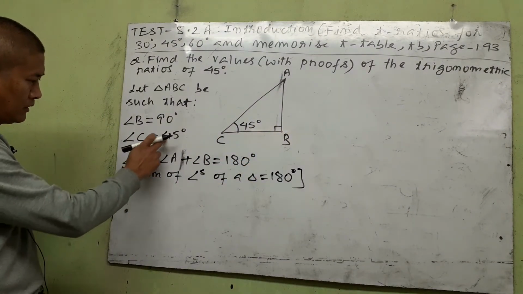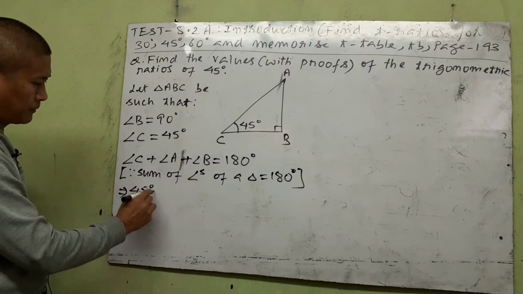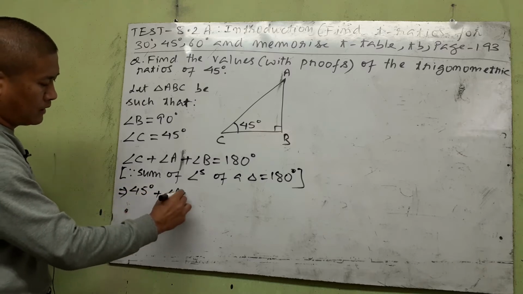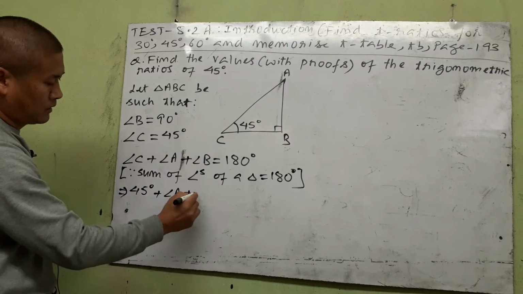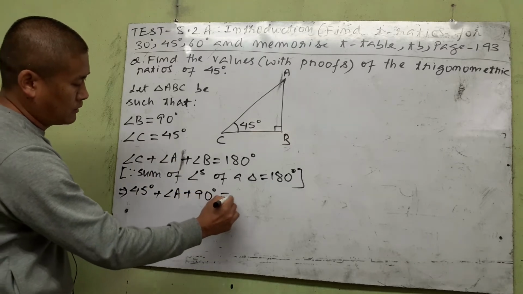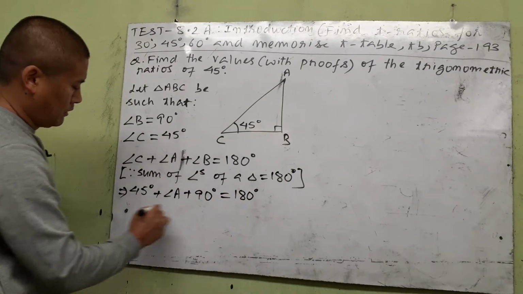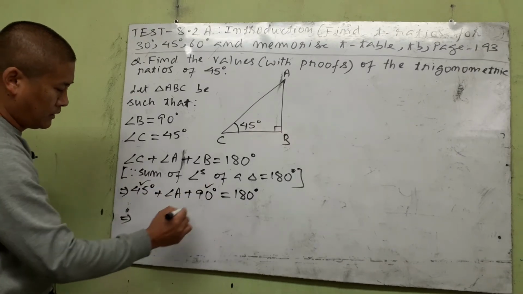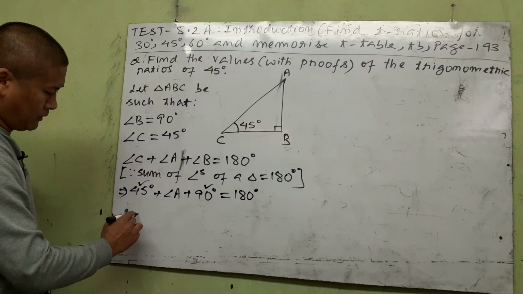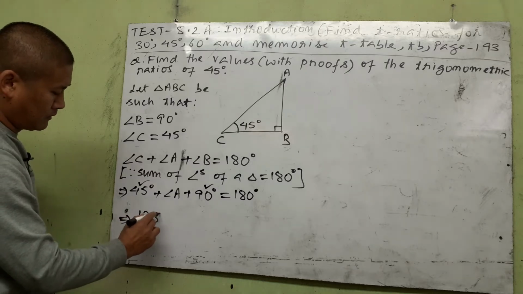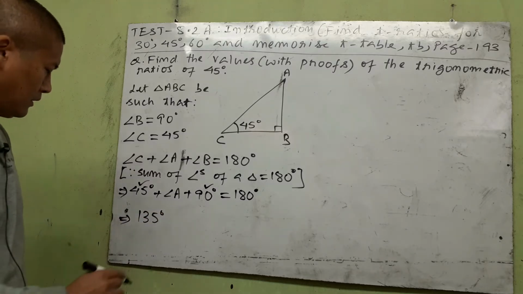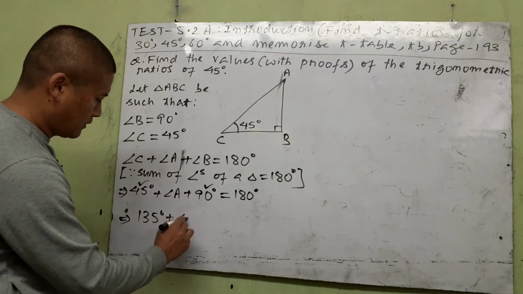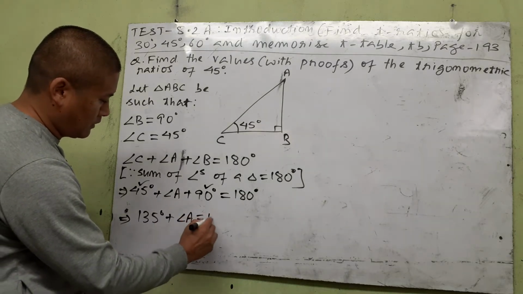So right here C is 45 degree, plus A is yet unknown, plus B is 90 degree, equal to 180 degree. So 45 plus 90 is 135 degree. Okay, 135 degree plus angle A equal to 180 degree.